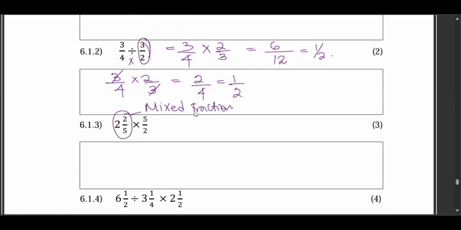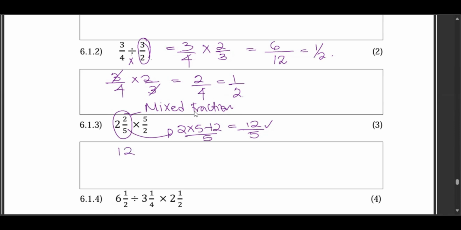How does it become an improper fraction? What are we going to do? We shall say 2 times 5 plus 2 over 5. I'm changing this to an improper fraction. So meaning 10 plus 2, which is what? Over 5. So good to go.